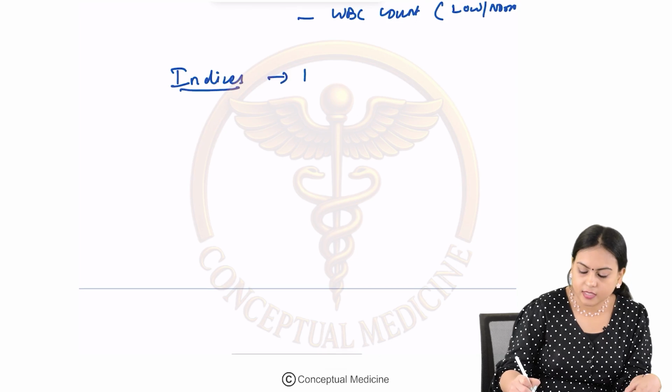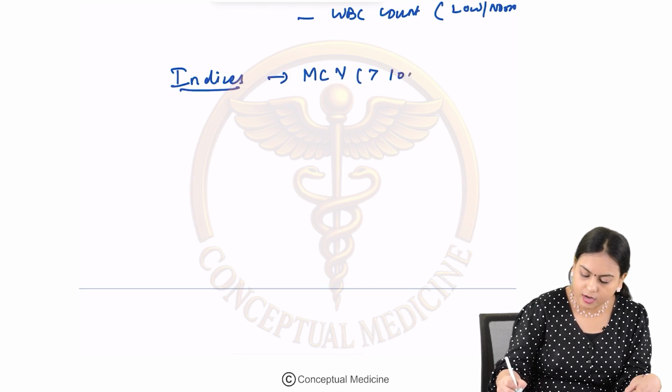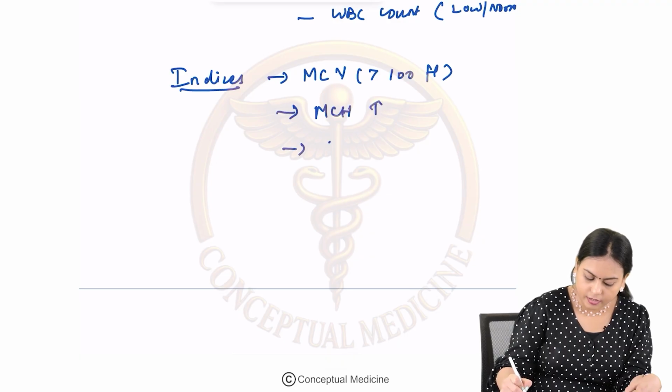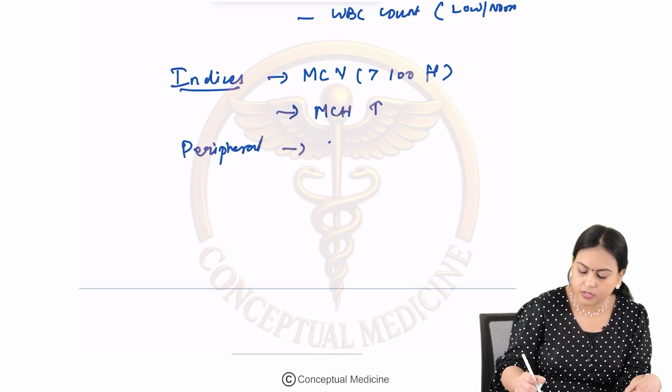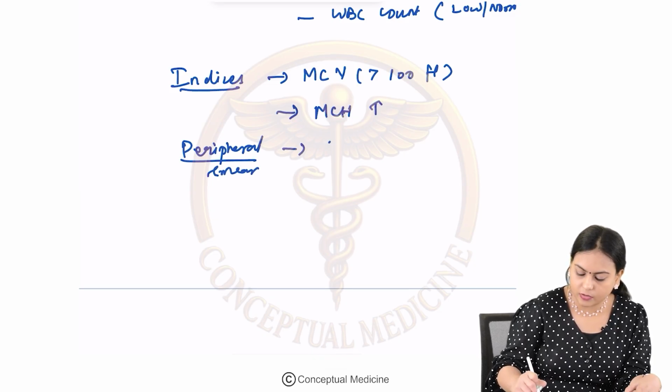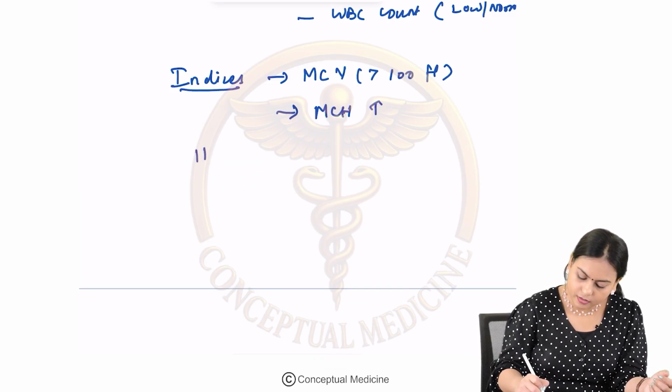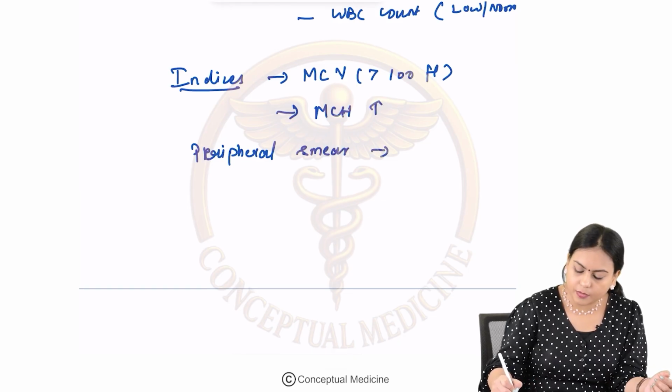The RBC indices are going to be high. So, MCV is going to be more than 100 picoliters, and MCH is also going to be high. And if you take the peripheral smear, this is one of the important investigations you have to do in anemia. In the peripheral smear, you will be able to see hypersegmented neutrophils.